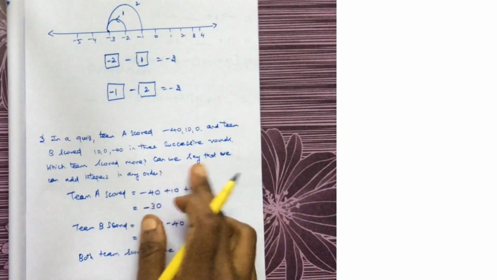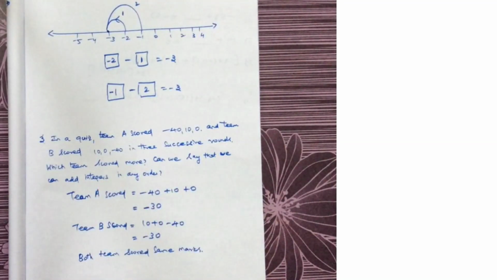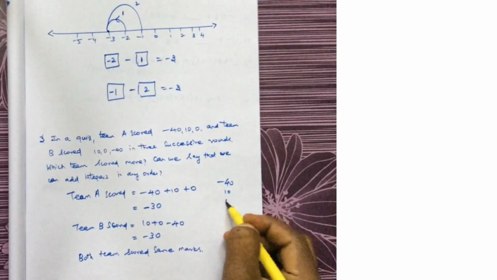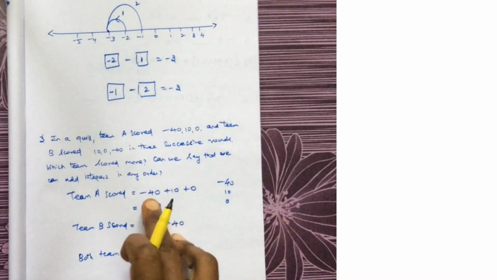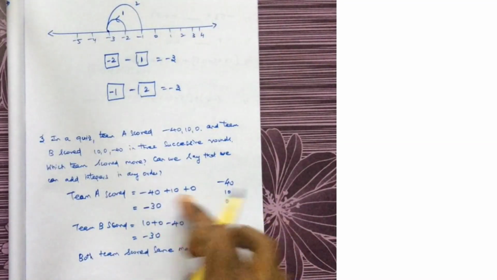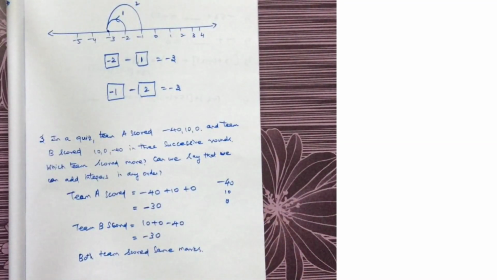Can we say that we can add integers in any order? Yes, we can add integers. Here you see 40, 10, minus 40, 10, 0 are the marks. Here we are adding minus 40 plus 10 and 0. Here we are doing 10, 0 and minus 40. Which property is this? Associative property.